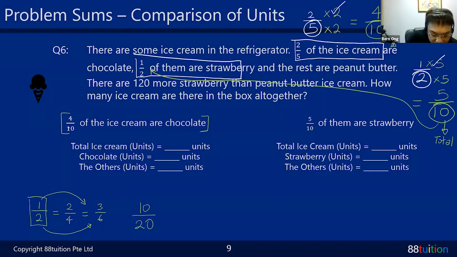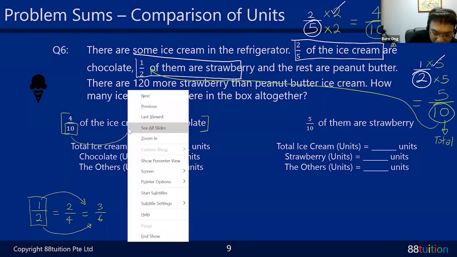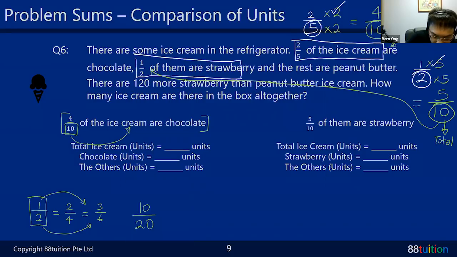It means that the 10 represents the total ice cream now, and the 4 represents the chocolate. So total ice cream is 10, chocolate is 4. If you got 10 units of total ice cream, 4 units are chocolate, there's 6 more others.